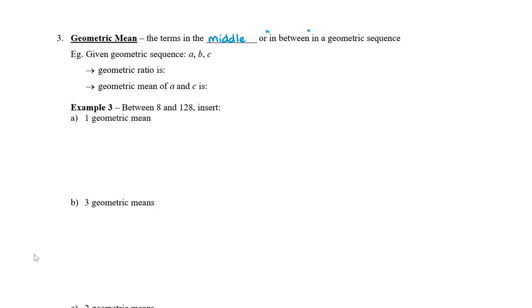So let's say we're given the geometric sequence A, B, C. We can find the ratio by going B divided by A or C divided by B. So if B is the geometric mean, we can find this by going B times B. So we're going to cross multiply. So B squared equals A times C. And then square rooting both sides, we have B equals the plus or minus the square root of A times C.